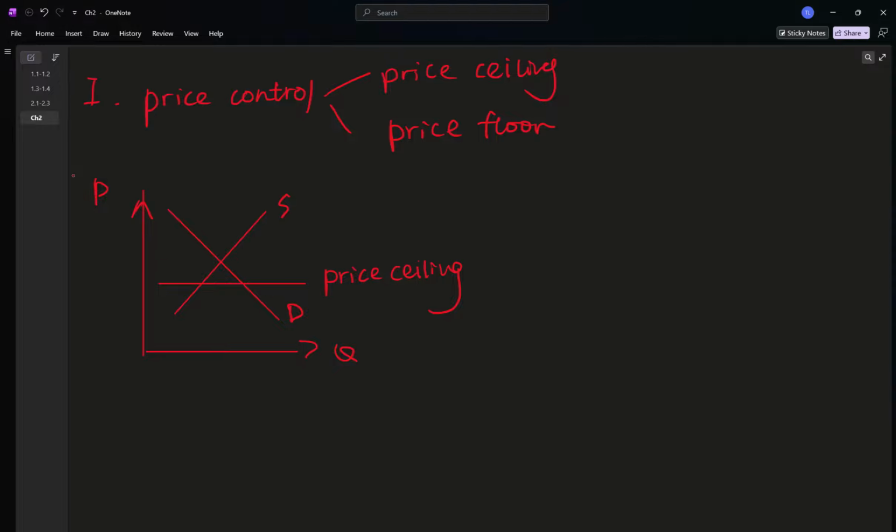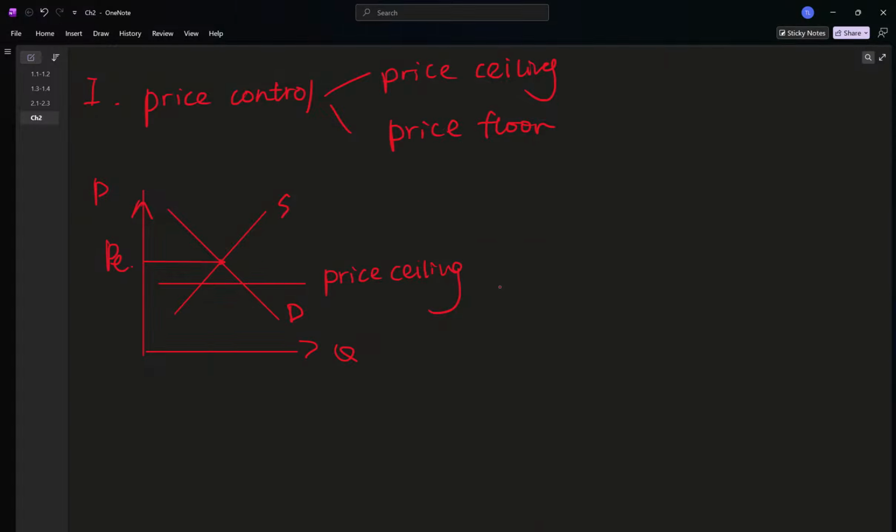Why? Let me explain. Price ceiling is the setting of a maximum price for a certain product. It should be below the equilibrium price. So, this is the equilibrium price.